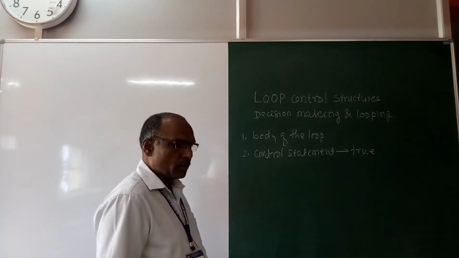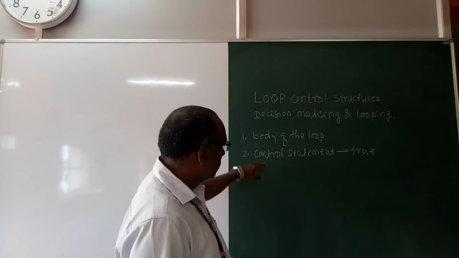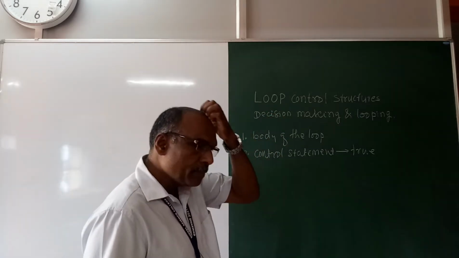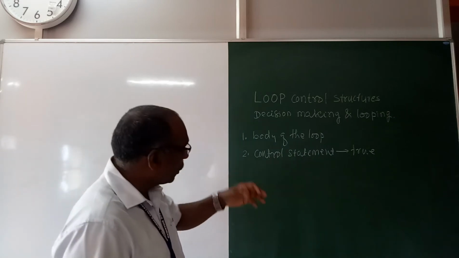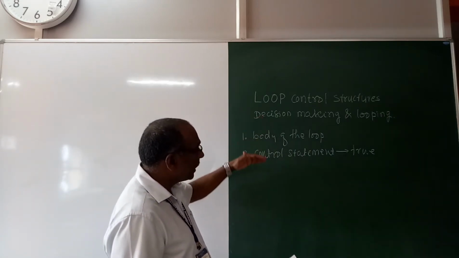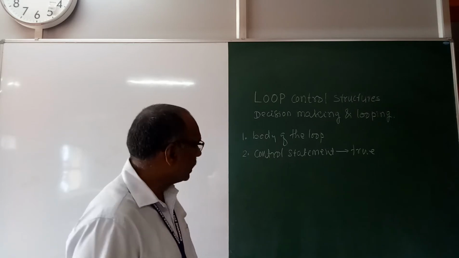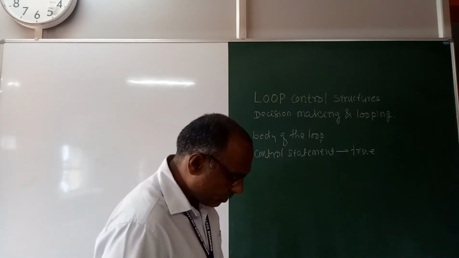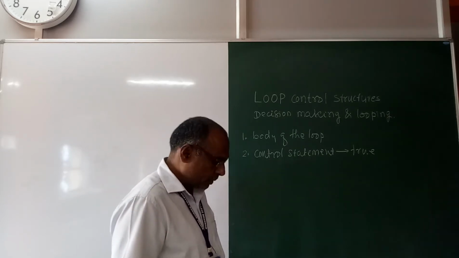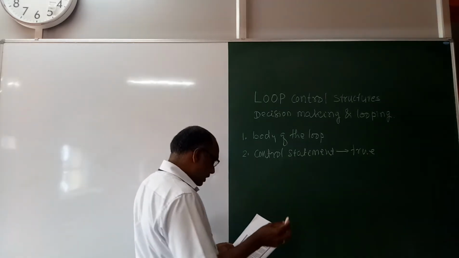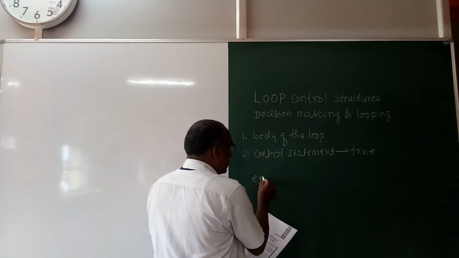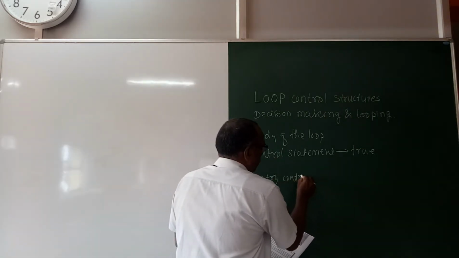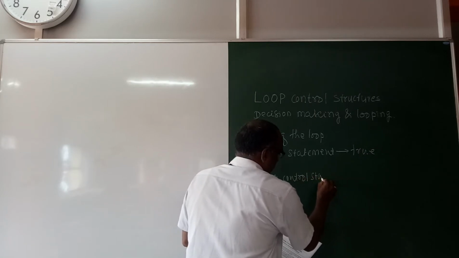This control statement, the second part of the loop, can be placed either before the body of the loop or at the end of the body of the loop. If the control statement is placed before the body of the loop, then it is called an entry control statement.